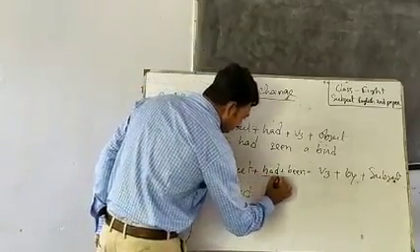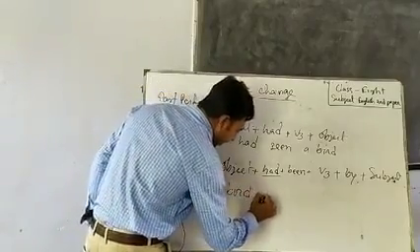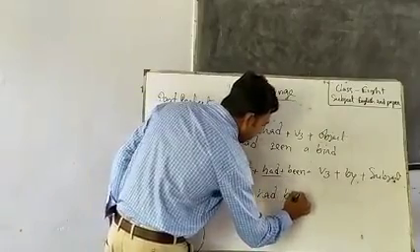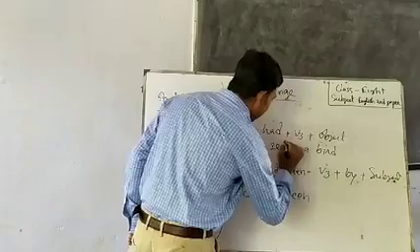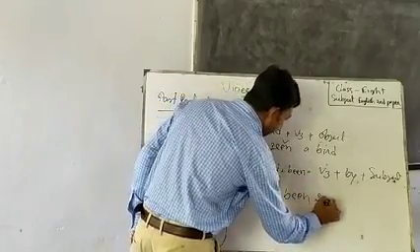Here the only auxiliary verb is had, so we write had, and we write been, and we write verb 3. Here it is seen, which is verb 3.